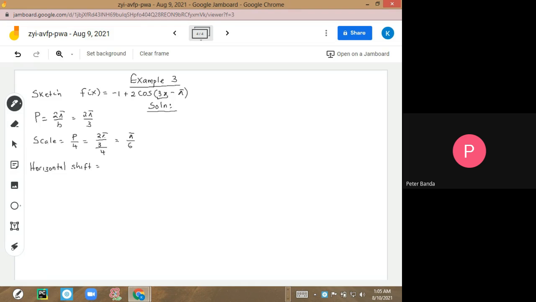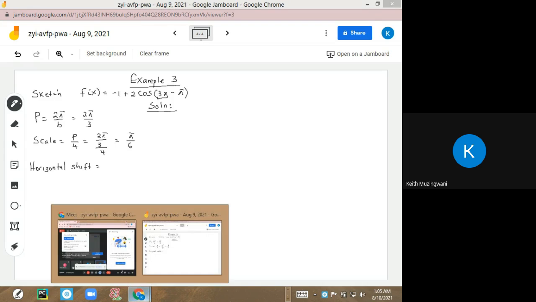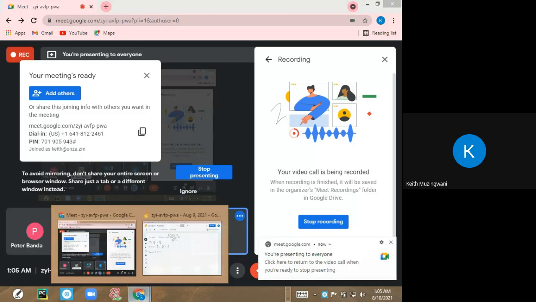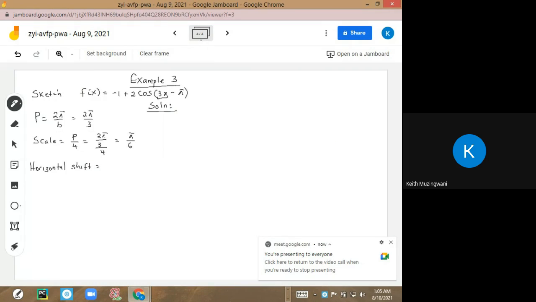Okay. Then horizontal shift. I have a question from Sarah. Okay. Horizontal shift, you equate 3x minus pi to 0 and solve for x, so you get pi over 3.